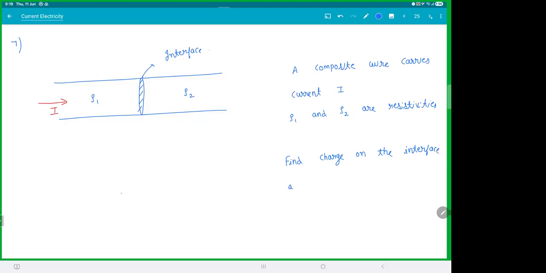Find the charge on the interface in steady state. I hope you're getting why there will be a charge. Think about it.